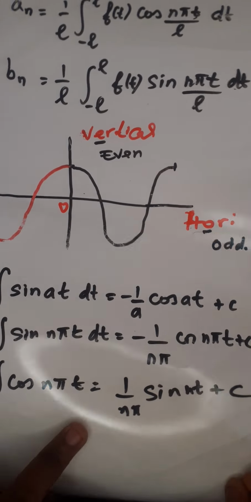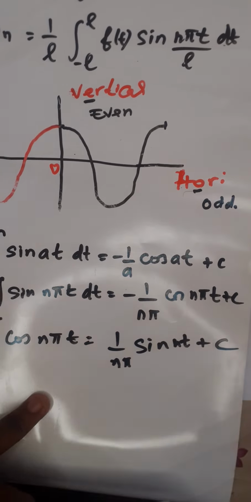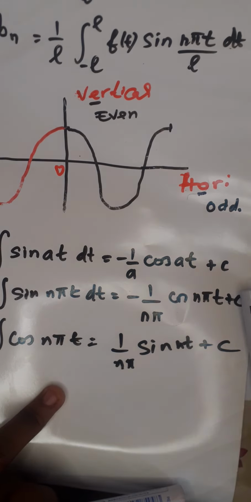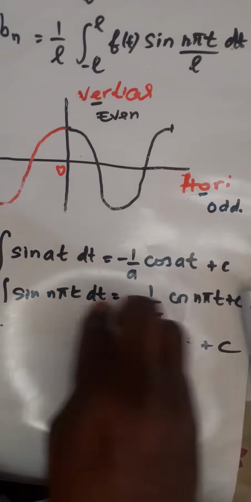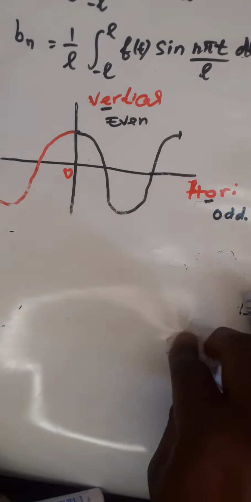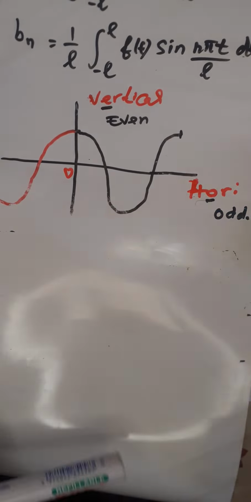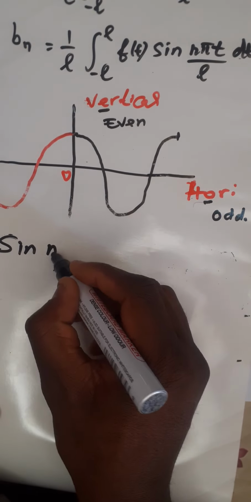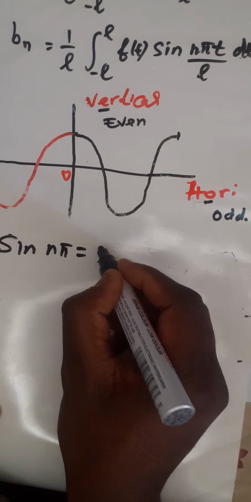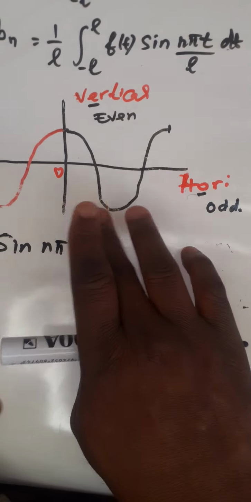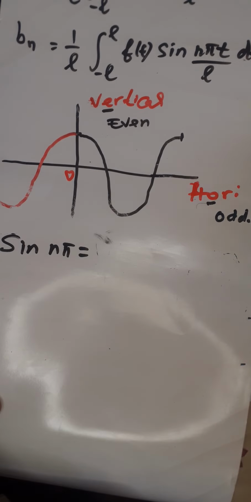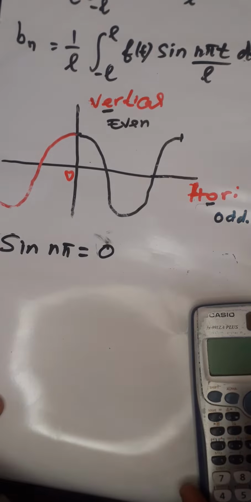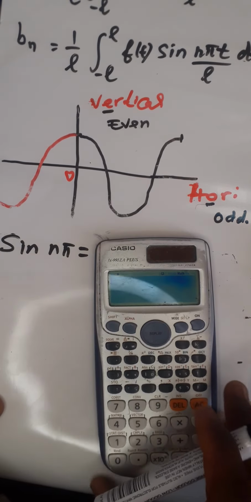Good. So I'm going to erase this part, and I want to show you a few things here, because you will come across sine of n pi. It will always give you 0. This is your calculator.